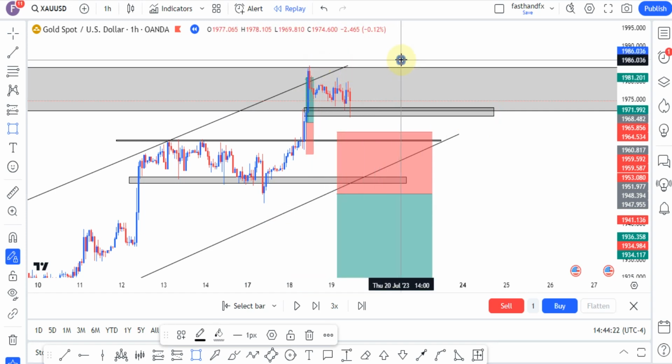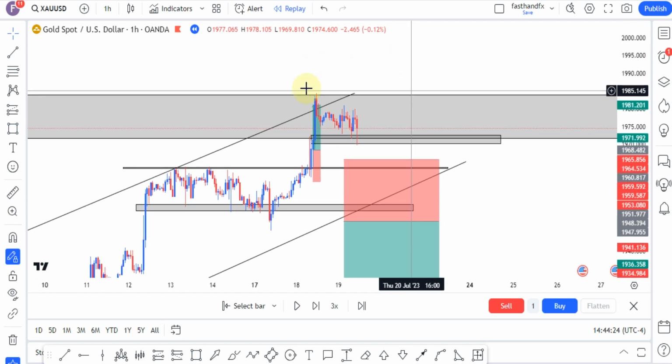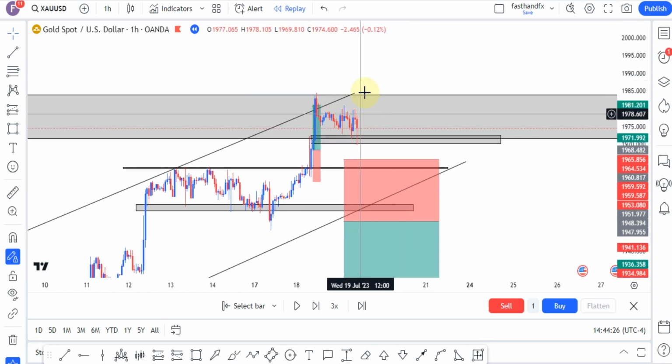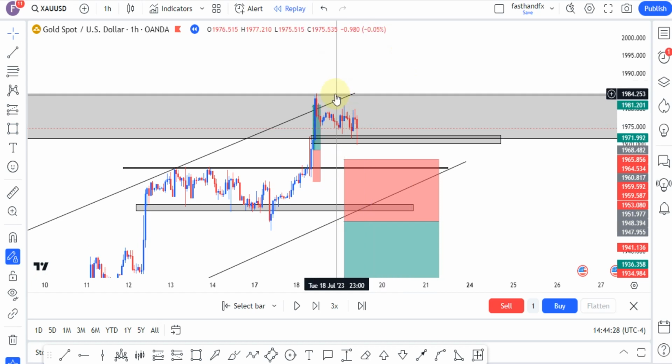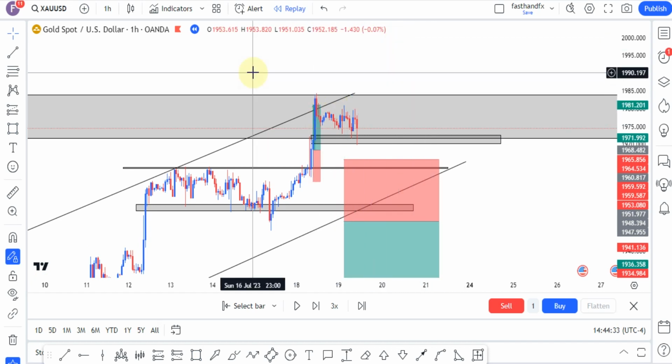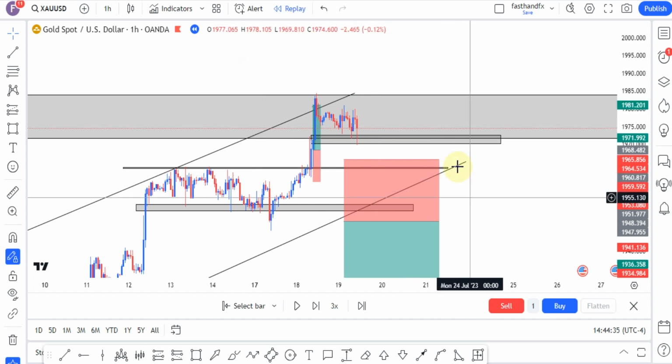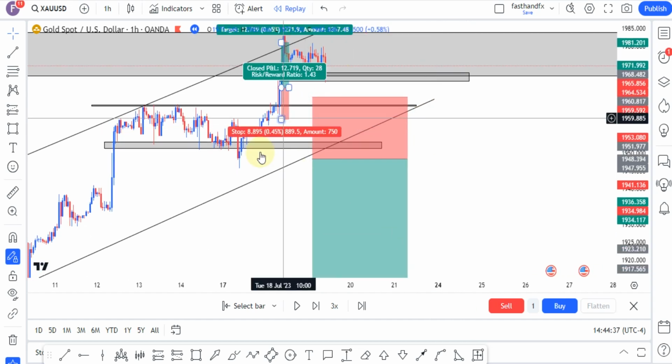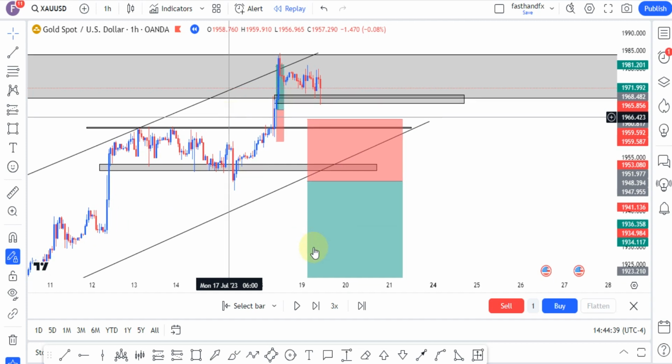But if the market doesn't take out these and instead comes up and takes out these previous highs, we should now be looking for buy entries. So let's see if the market takes out any of those areas that we've mentioned.